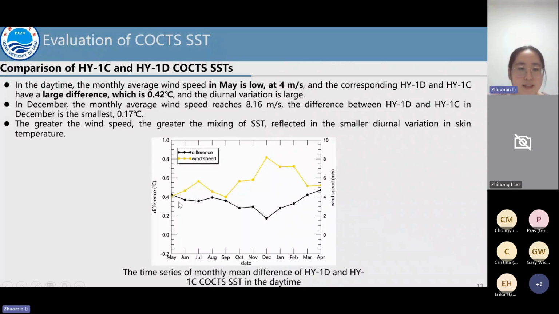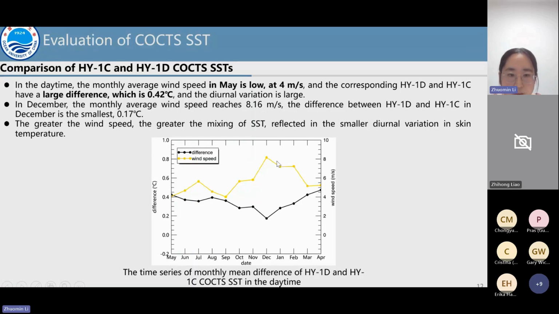We can see in the daytime, the monthly average wind speed in May is low, at around 4 meters per second, and HY-1D and HY-1C have a large difference, which is 0.42 degrees, and the diurnal variation is large.